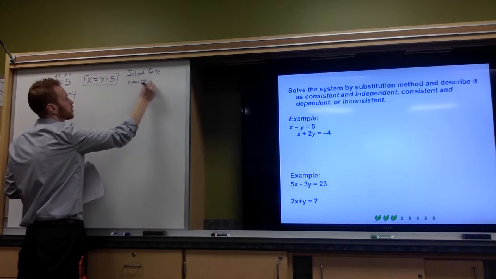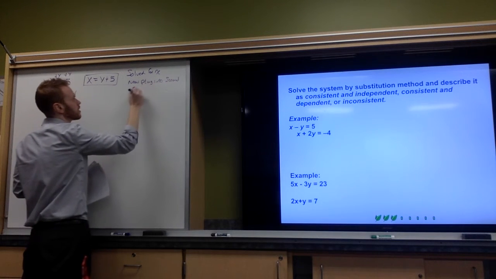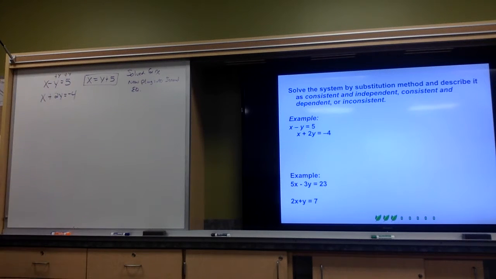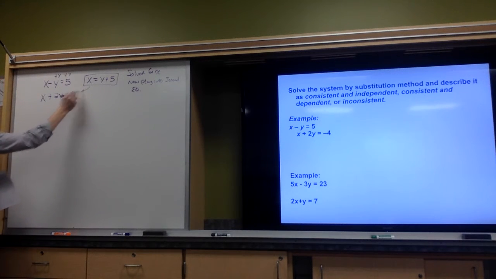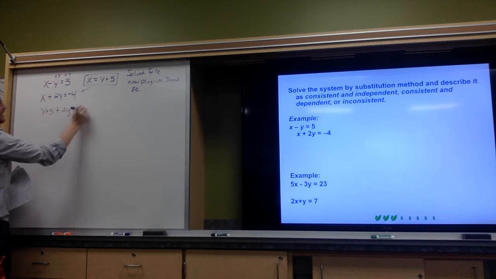Now we're going to plug into the second equation. So right here, we're going to take this x out. Boom, it's gone. I'm going to put this in its place. So y plus 5 plus 2y equals negative 4.